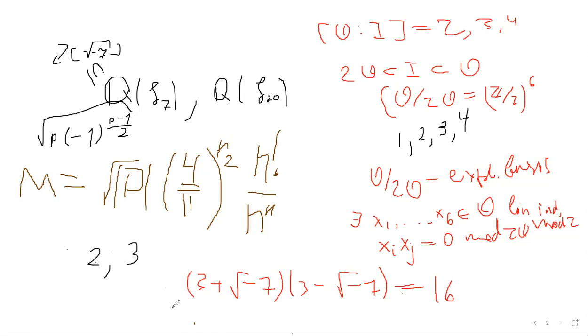If you consider the polynomial for zeta 7 mod 2, it's reducible because the minimal extension of F2 which contains the 7th root of 1 is F8.